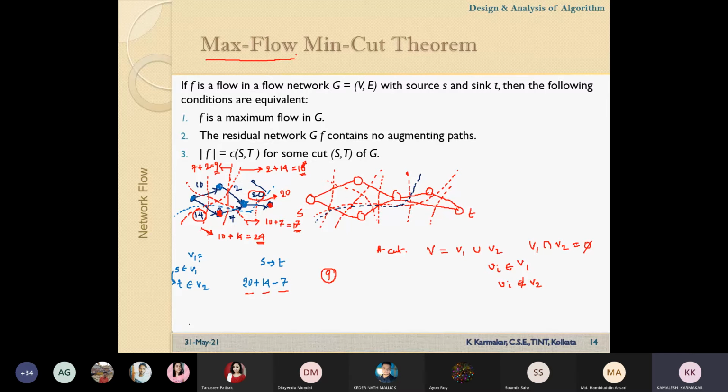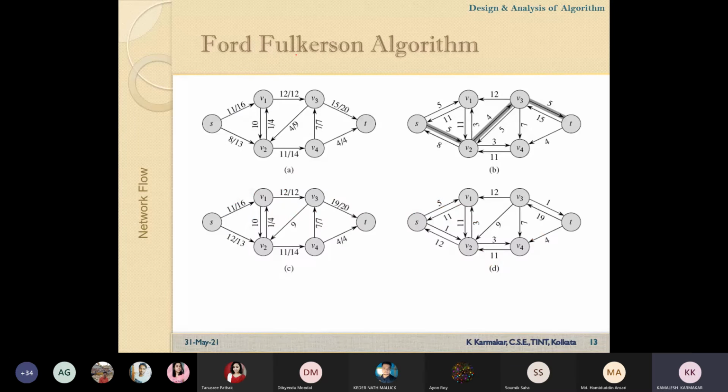So determining all the possible cuts of a graph is an exponential time problem. That's why we avoid this type of problem. So we have a heuristic algorithm by which we can solve the problem. We'll come to that. The algorithm is known as the Ford-Fulkerson method.